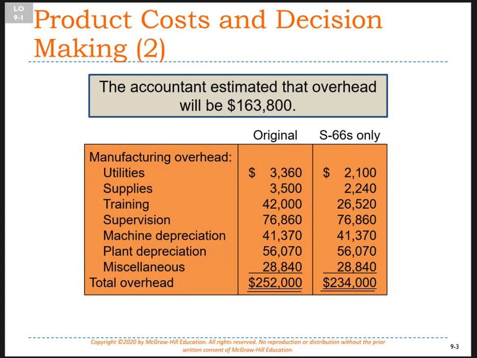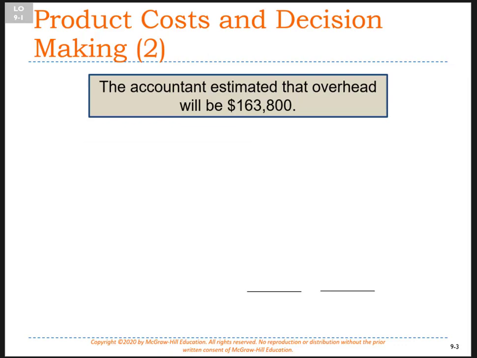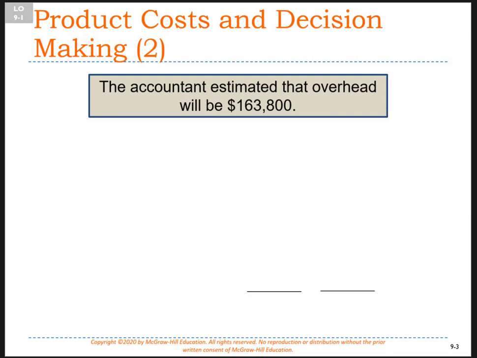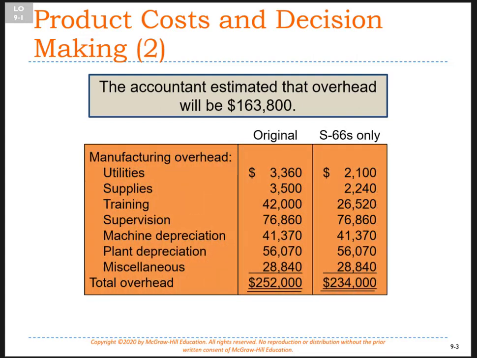So we estimate that our overhead would be $163,800 if we stopped making the S72s.